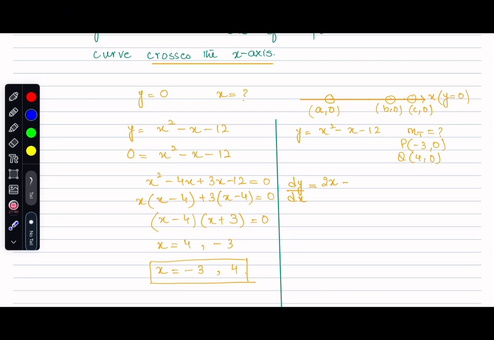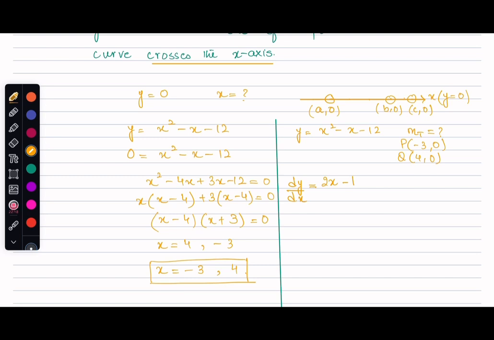We know that the coefficient of x in this case is 1. I'll just be left with a 1 because x to the power 1 minus 1 gives me x to the power 0, and any number to power 0 gives us a 1. So there is no need of writing this as x to the power 1 minus 1. I'll just be writing the gradient of negative x as negative 1, and we know that the constant for the differentiation becomes eliminated. Therefore, I'm left here with just 2x minus 1.